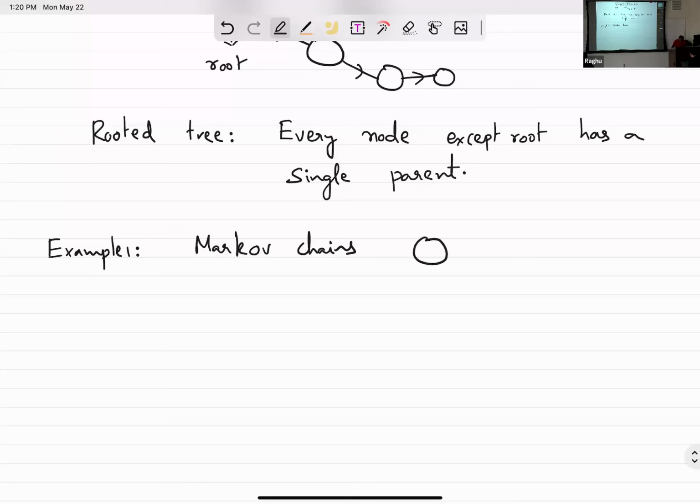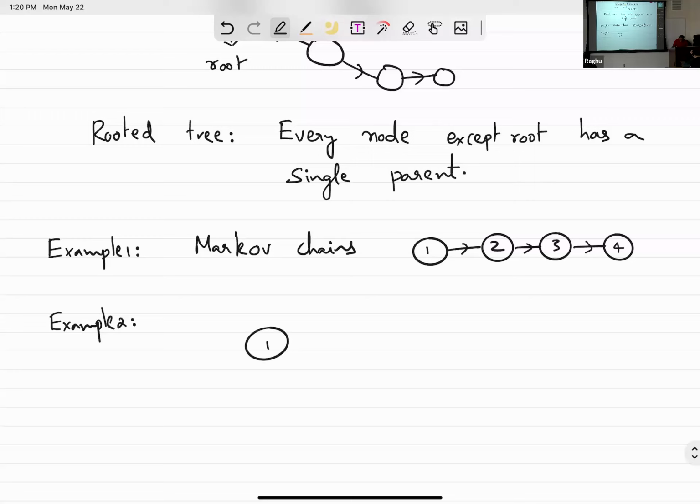So you can have 1 going into 2, going into 3, going into 4. And you can also have something like 1 going into 2, which is going into 3, then maybe 1 directly cuts into 4.